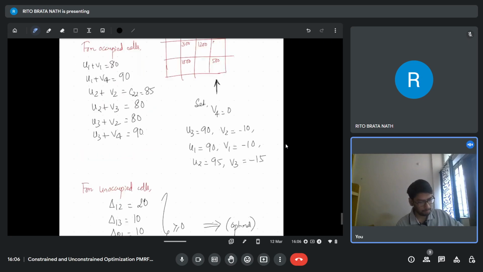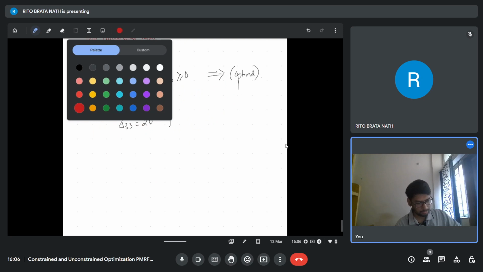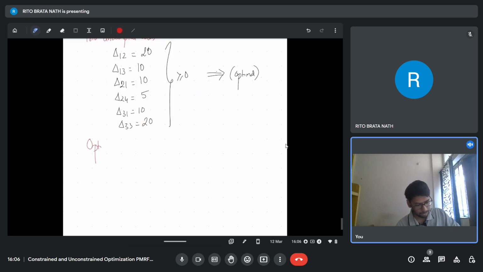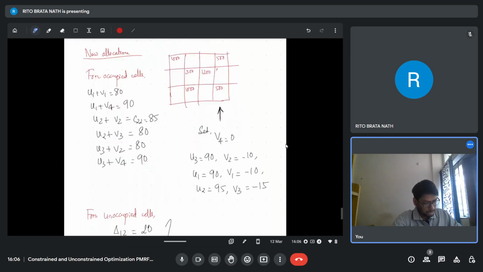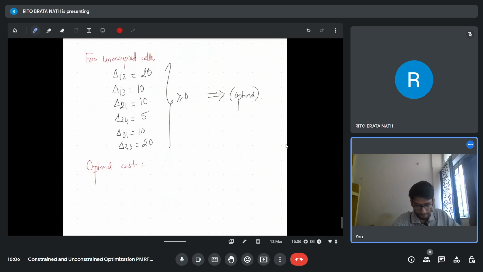Now you can calculate the optimal cost. So let me do that. So optimal cost will be, we'll quickly see what the cost matrix was like. So that's 1000 and 500, okay. 80 times 1000, 90 times 500.